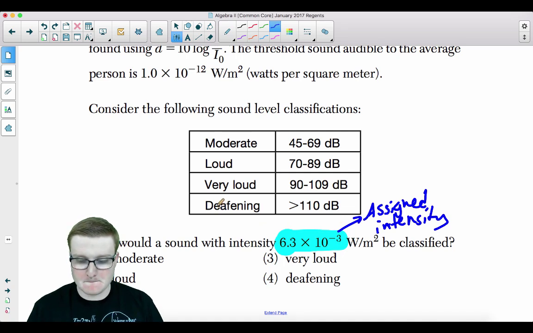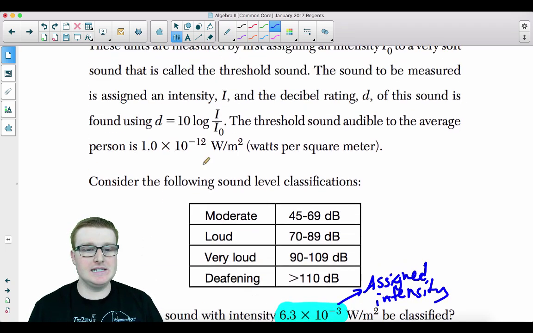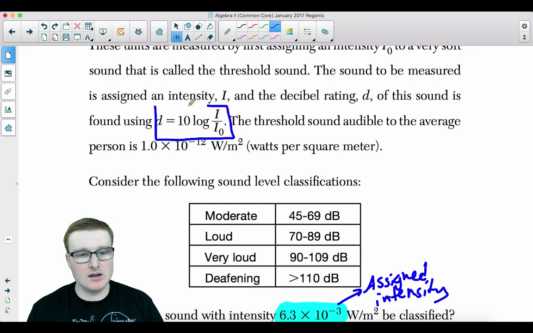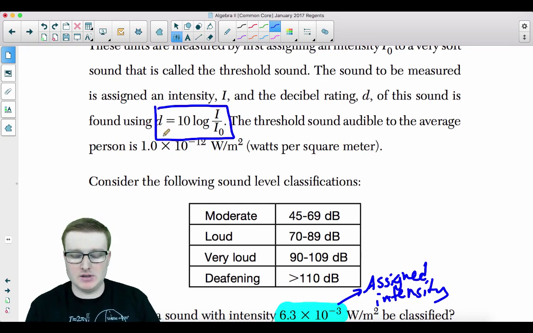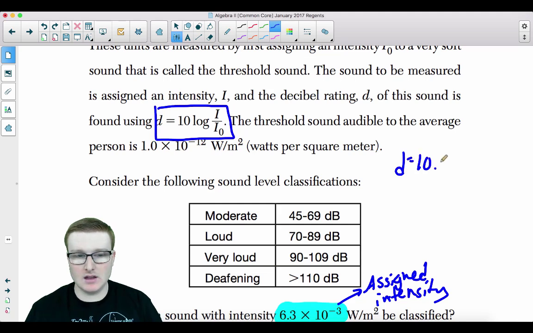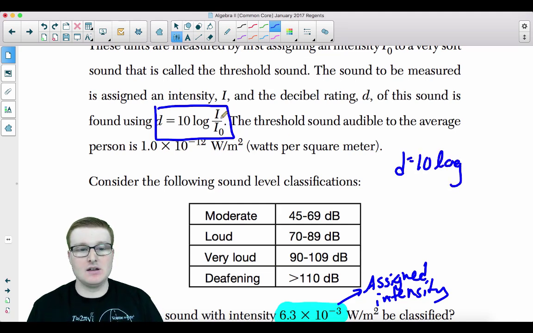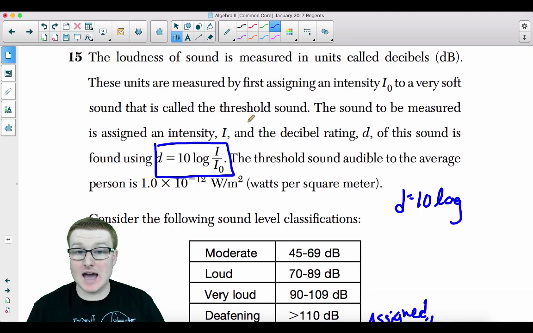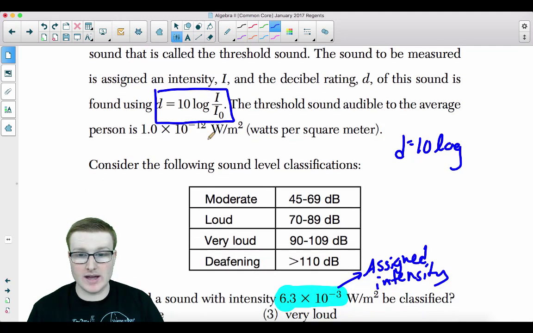So we're going to use D equals 10 log of I divided by I sub 0. So D equals 10 log. Now, the capital I is the assigned intensity. The assigned intensity is 6.3 times 10 to the negative third, divided by now I sub 0.